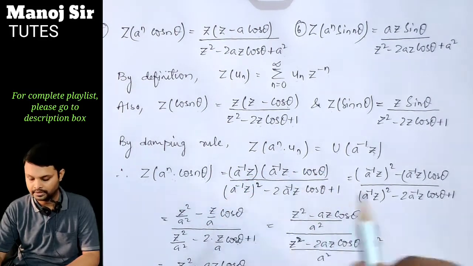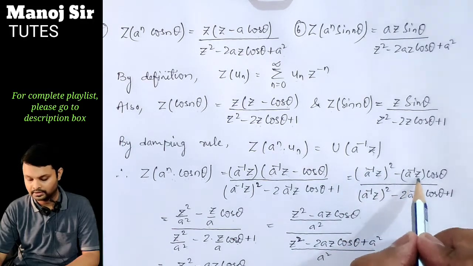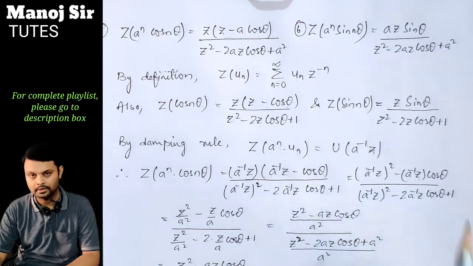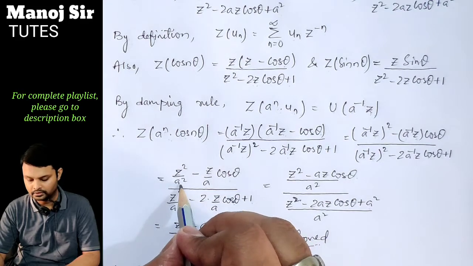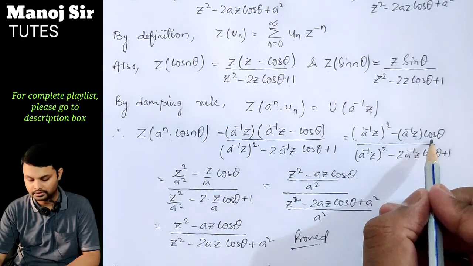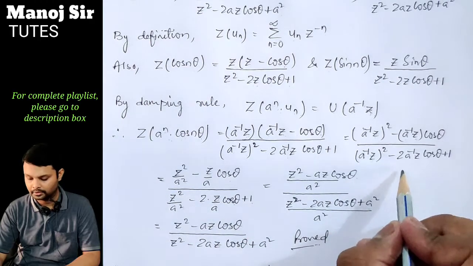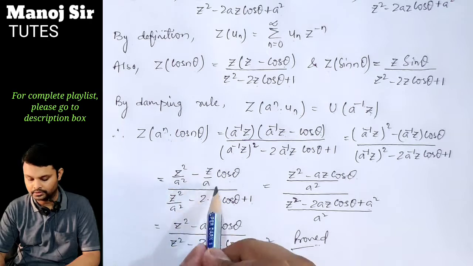Now if you open the bracket, this is going to be a inverse z whole square minus a inverse z cos theta upon a inverse z whole square minus 2 a inverse z cos theta plus 1. Now, simply simplify this. This is going to be Z square upon a square minus Z upon a cos theta upon Z square upon a square minus 2 Z upon a cos theta plus 1. Now here we are taking LCM, that is a square.